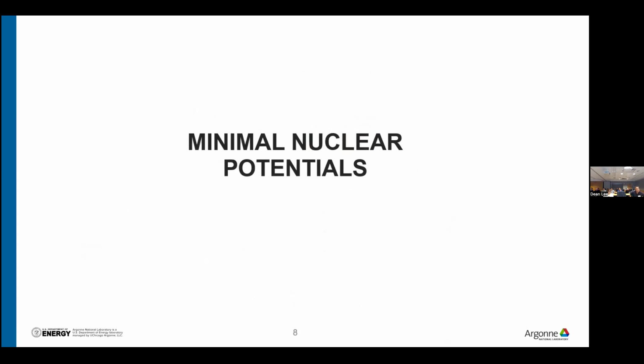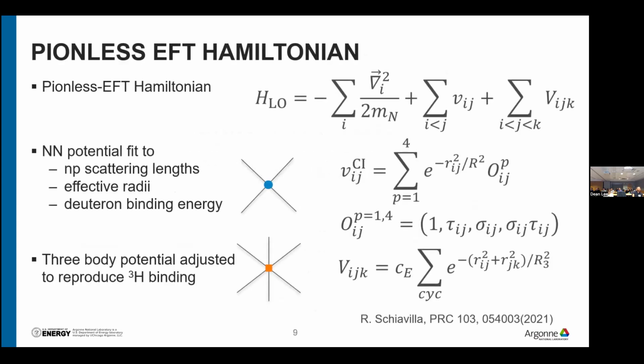To go into a little bit of detail on the actual potentials that we're looking at, we're starting with just some very minimal potentials that represent nuclear systems. So here, this is a leading order pionless effective field theory Hamiltonian, which is the first thing we started off with. Don't need to worry about all the equations on the right if they're not familiar to you. This is more for the people who've seen this stuff 100 times.